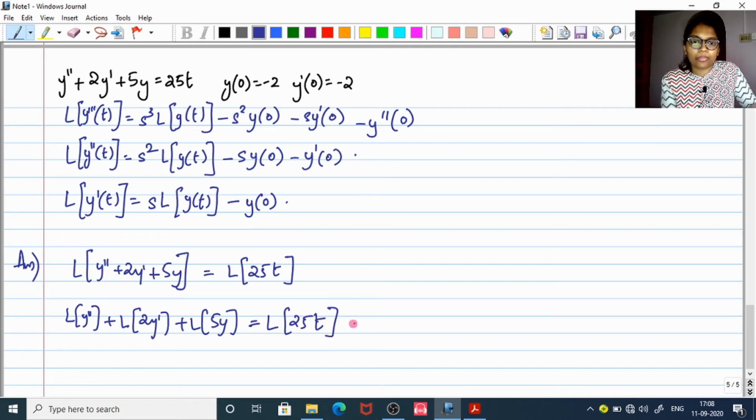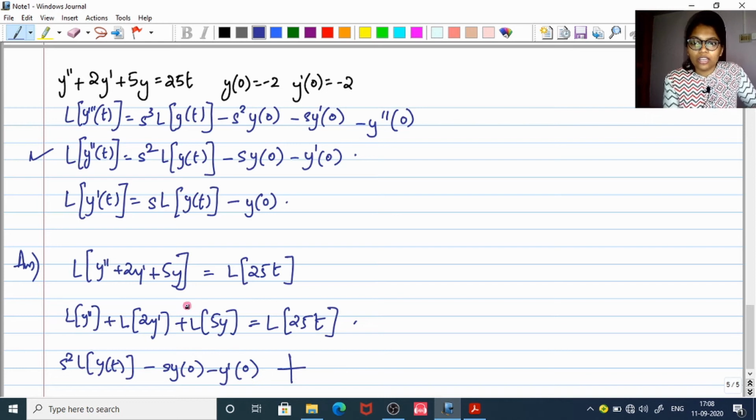That is Laplace of y double dash plus Laplace of 2y dash plus Laplace of 5y equal to Laplace of 25t. Substitute your equations. Laplace of y double dash: s square L of y of t minus s y of 0 minus y dash 0, plus, put a big summation sign to identify the term separation, and Laplace of 2y dash, take this 2 outside, open a bracket because 2 is common: Laplace of y dash t is s L of y of t minus y of 0.